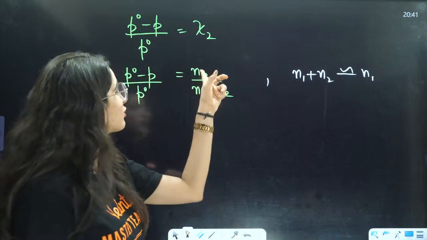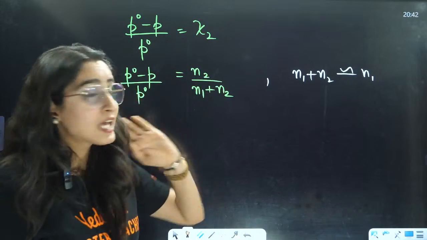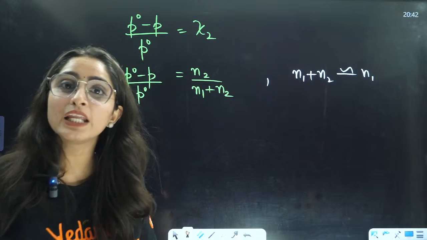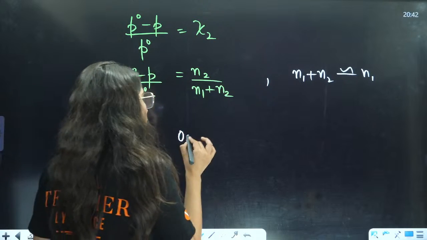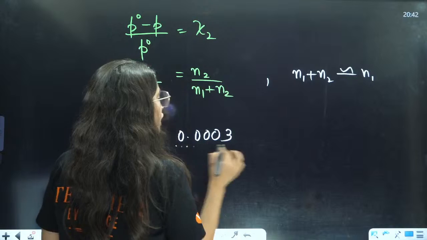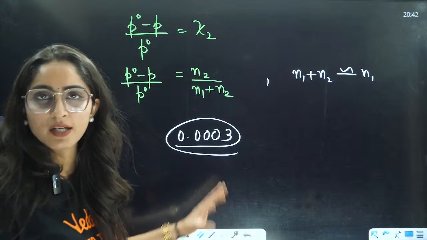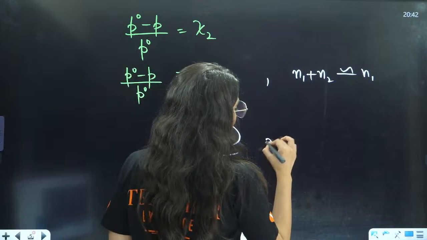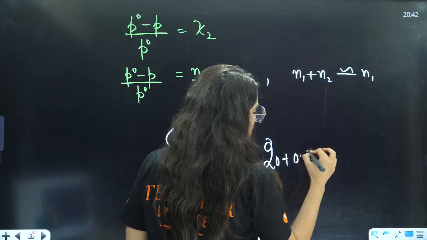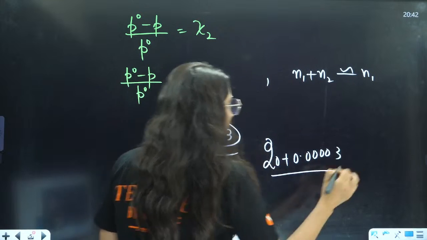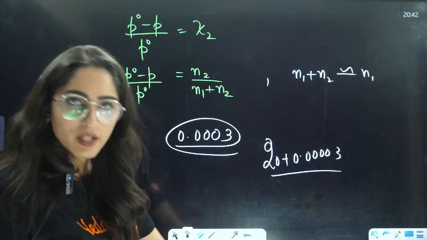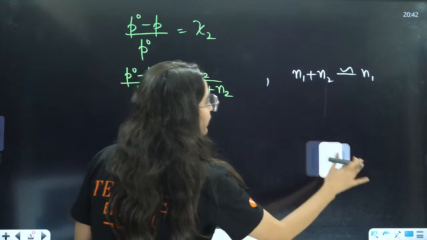You will say, ma'am, can I ignore it here also? Only if it is in the summation can you ignore it. For example, there is 0.0003. You cannot ignore this term if it is sitting alone. But if it is 20 plus 0.00003, then you can ignore this term, right? So that is why we are ignoring this term here.